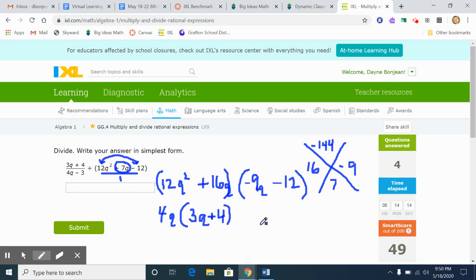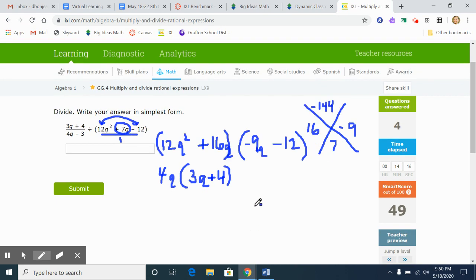Okay? Now remember, my goal is to get this to say the same thing by factoring something specific out. How could I get this to become 3q plus 4? I could take out a negative 3. If I divide everything by negative 3, I'm once again left with 3q plus 4.